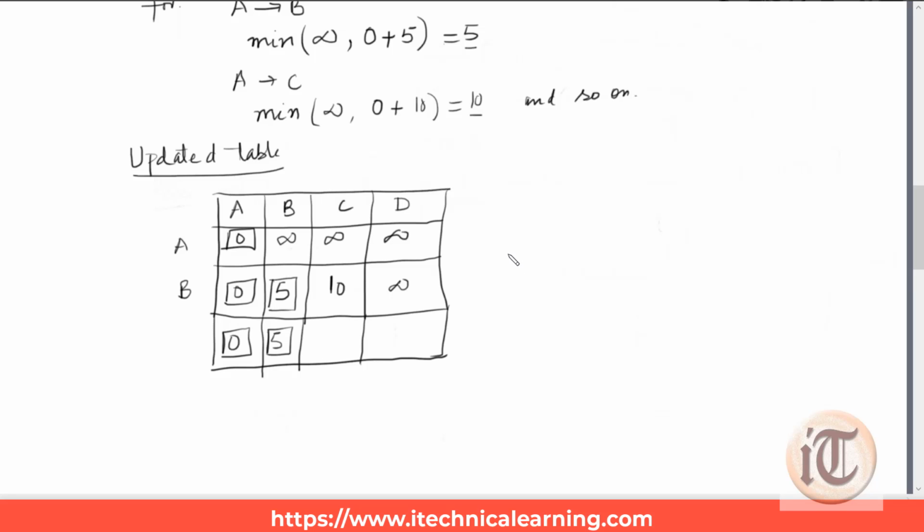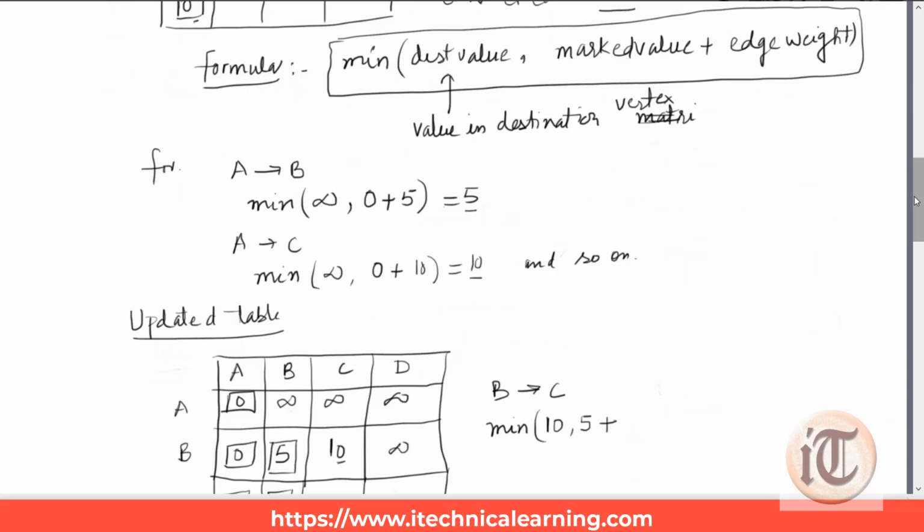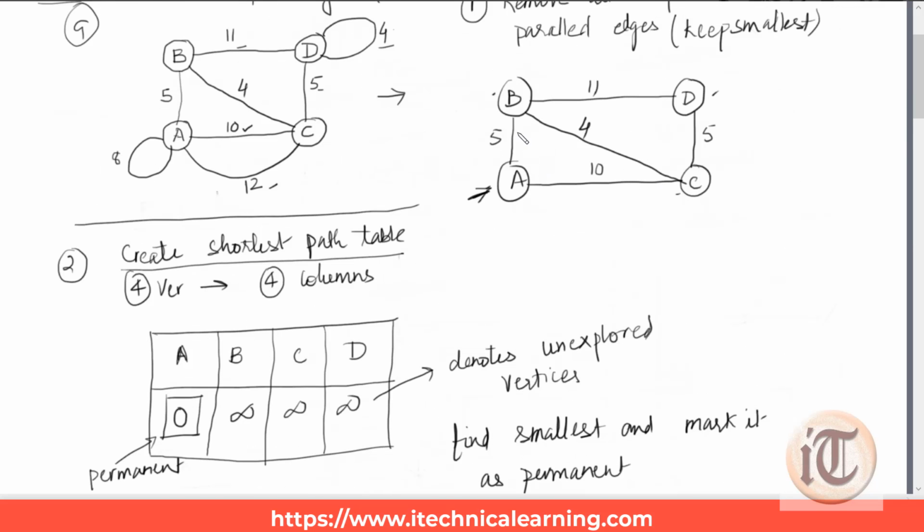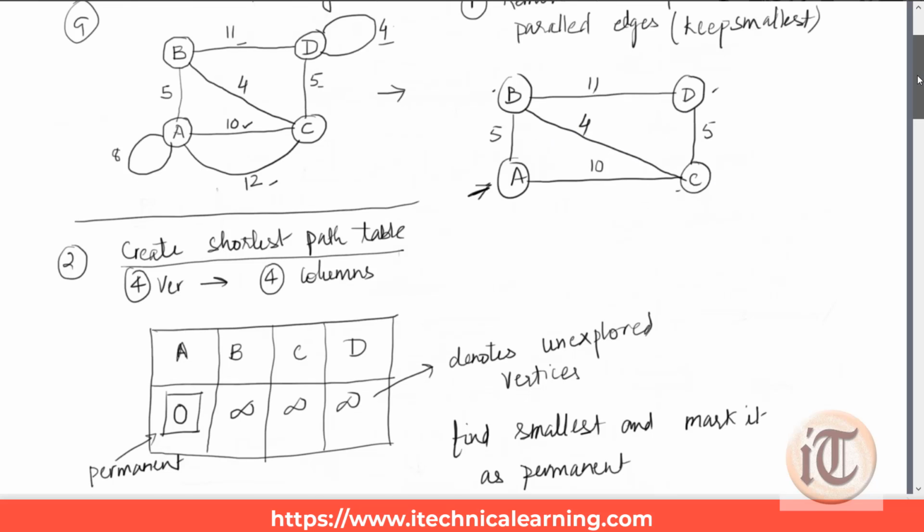Suppose I have to calculate from B to C, because the last updated node is B. So we have to calculate the path from B to C. It will be min of destination value, which is 10, comma, marked value 5 plus the edge weight of B to C. We can see here B to C has a direct edge with the value 4.